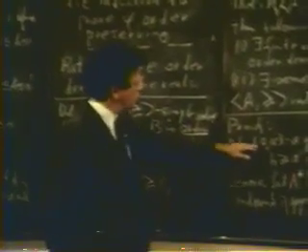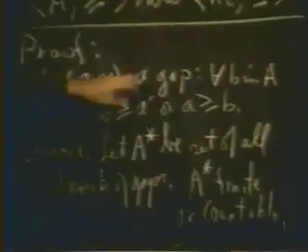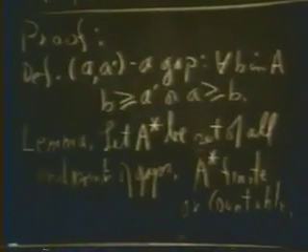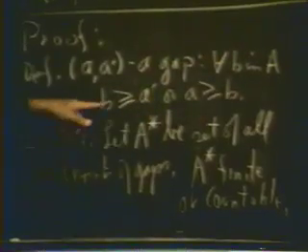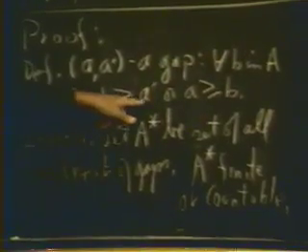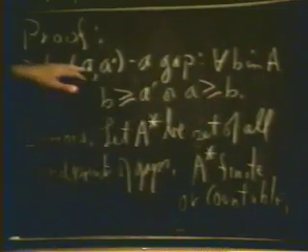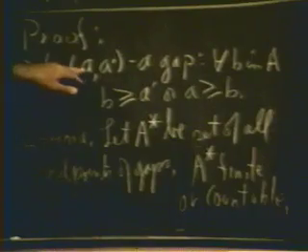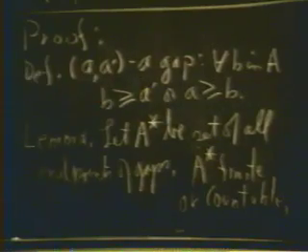So we need to define a concept we've used implicitly already, and that is the notion of a gap. We say that a pair a, a prime is a gap if we have the property that for every b in A, b is at least as great as a prime, or a is at least as great as b. It follows from that, of course, that we also want a to be strictly less than a prime.